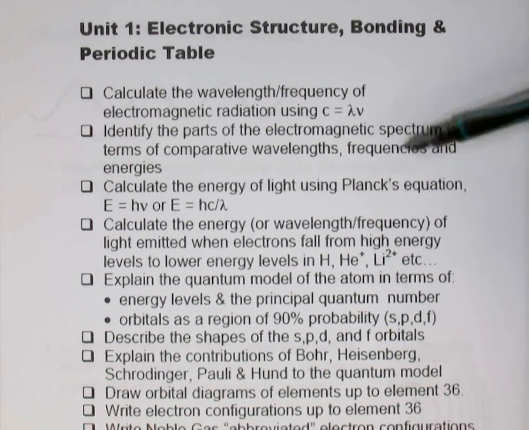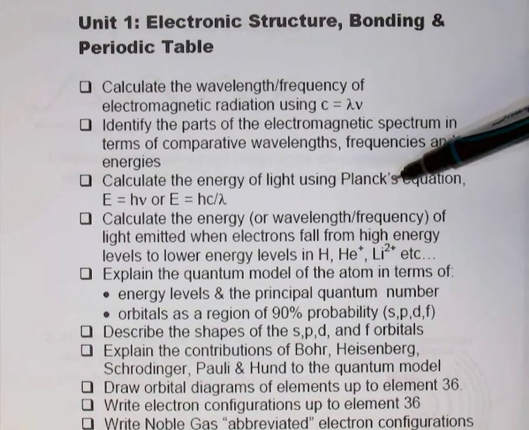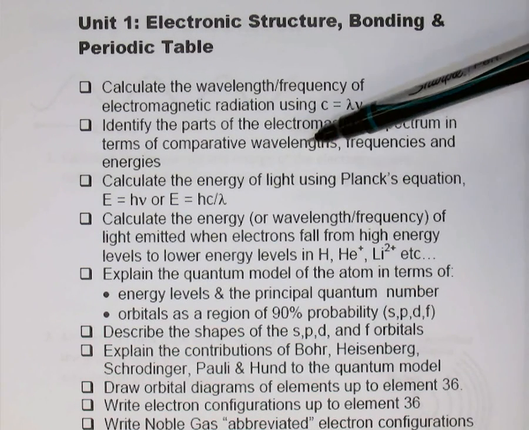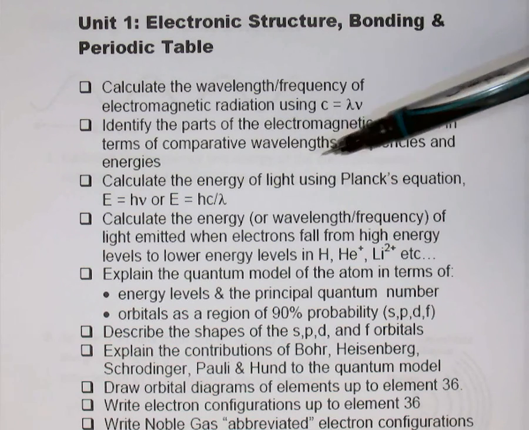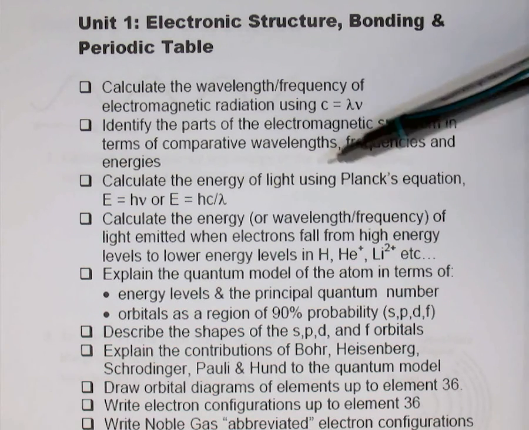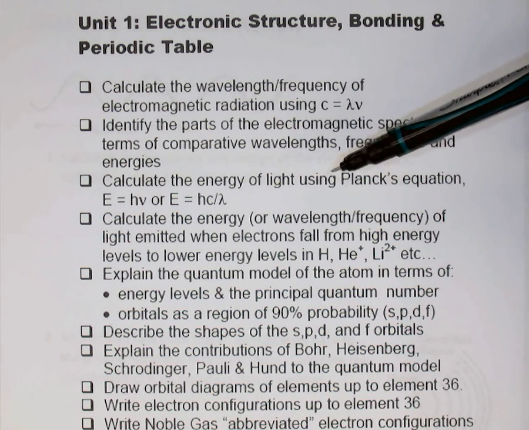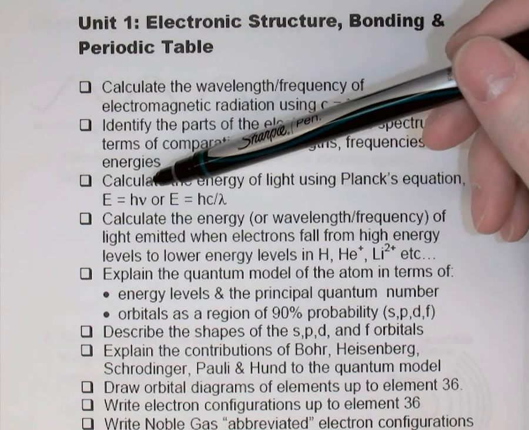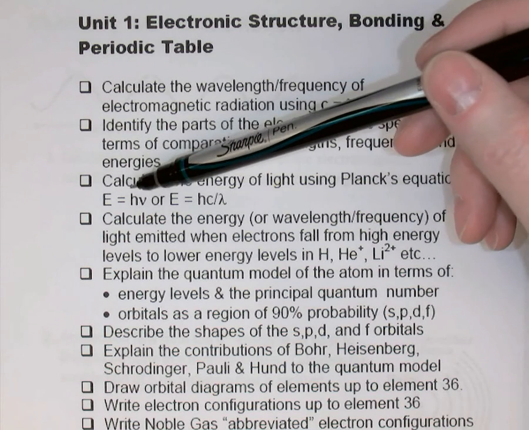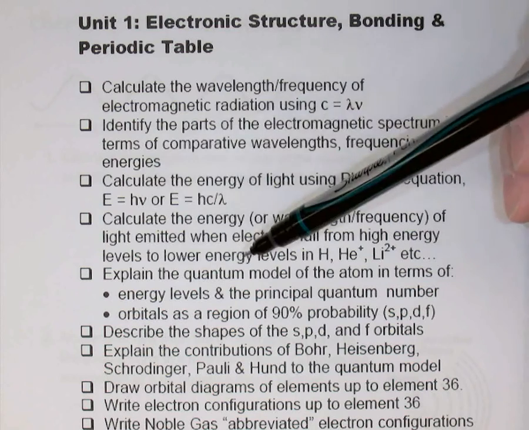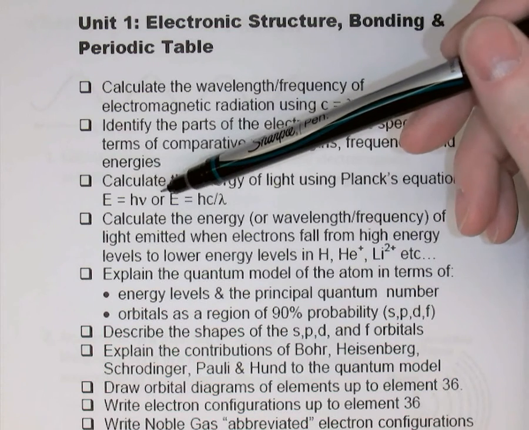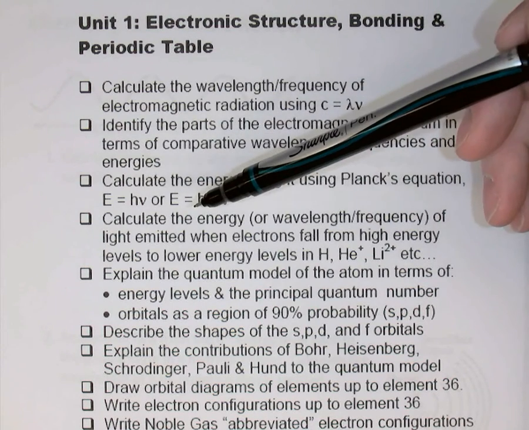We resurrected the particle theory of light when we looked at Planck's equation. His equation gives us the energy of one quantum or one particle of electromagnetic radiation. His equation says that the energy is proportional to the frequency of the light. So E equals h nu, where h is Planck's constant.